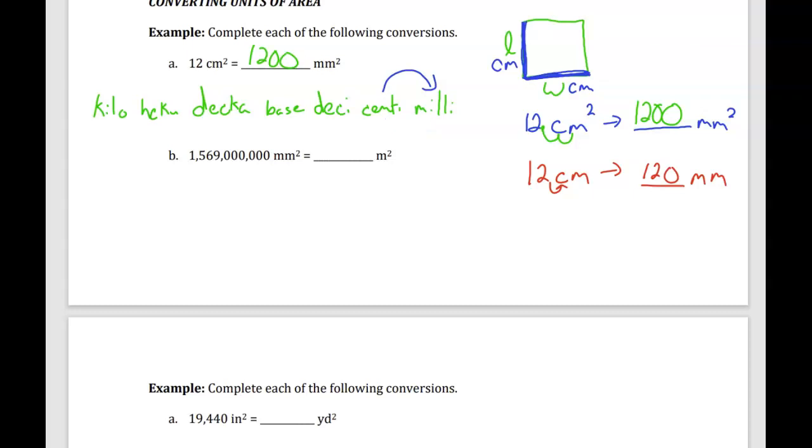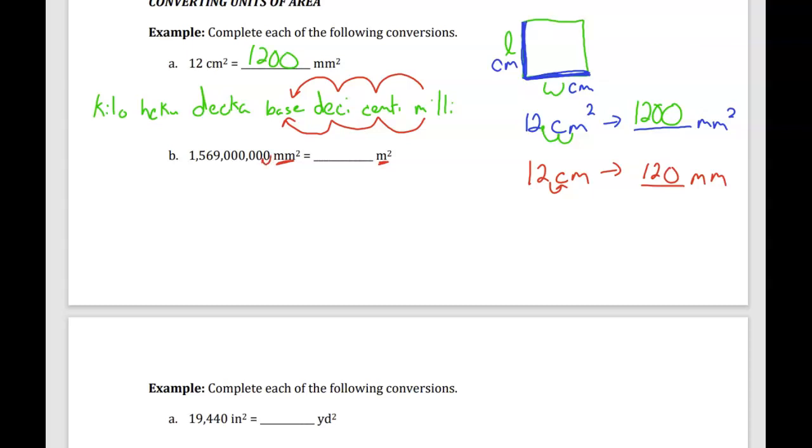Now let's look at going from millimeters to meters squared. So I'm going to go 1, 2, 3 jumps. So I do that twice. So that's 3, 1, 2, 3. So I'm going to go a total of 6 jumps.